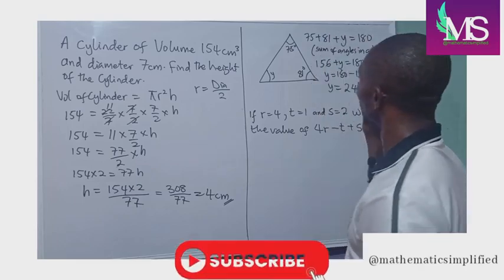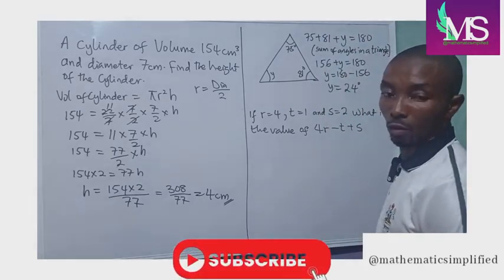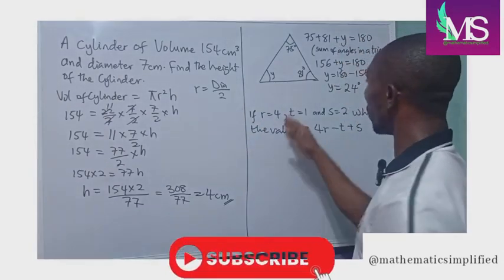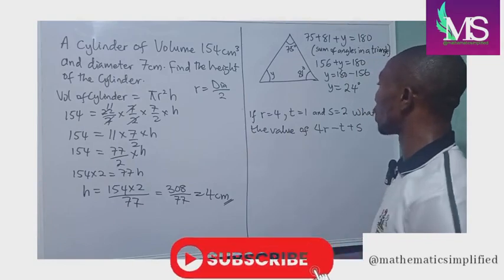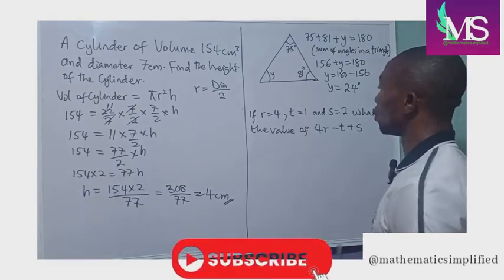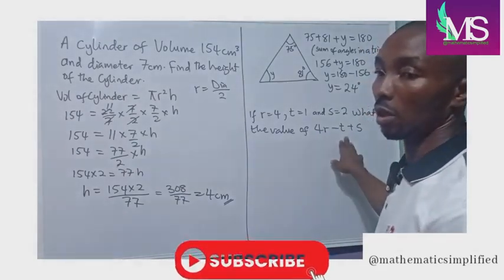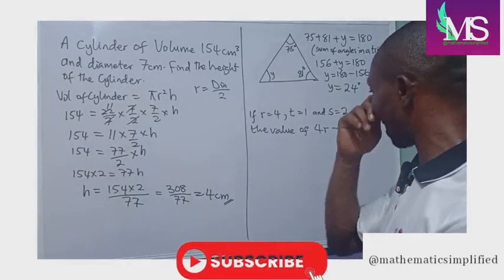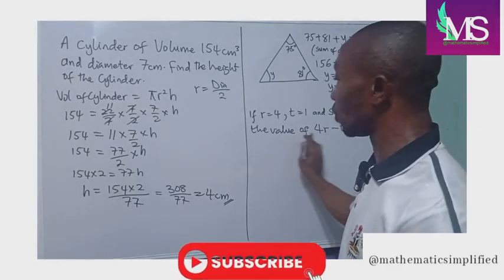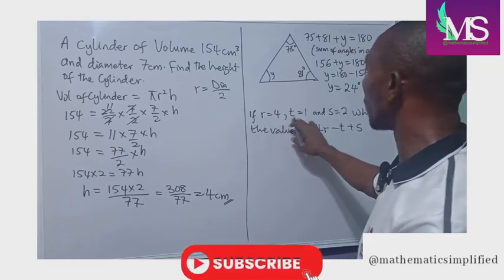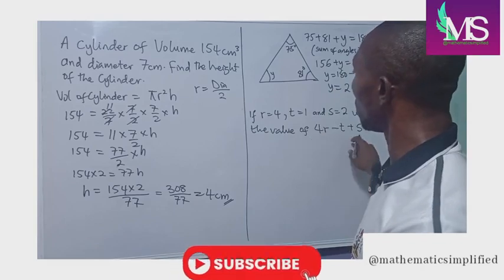Y equals 24 degrees. Now, the next one says if r = 4, t = 1, and s = 2, what is the value of 4r - t + s? All we need to do is substitute the values.